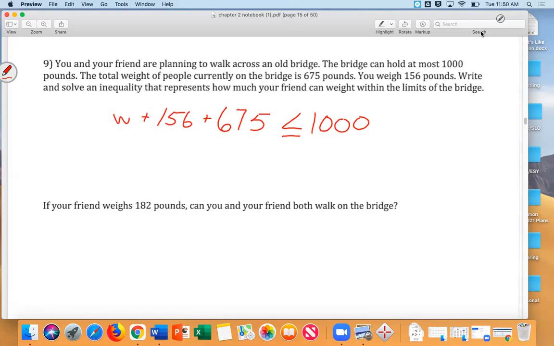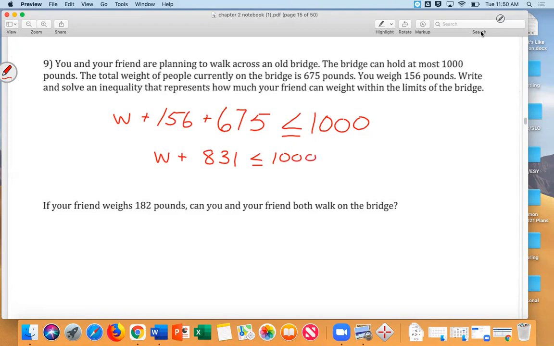And we want to know how much weight can be left to go on the bridge. Now, Mike, what's 156 plus 675? 831.